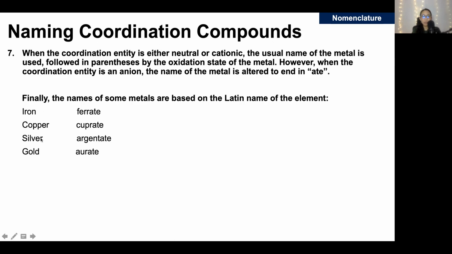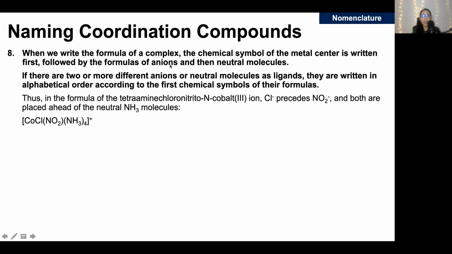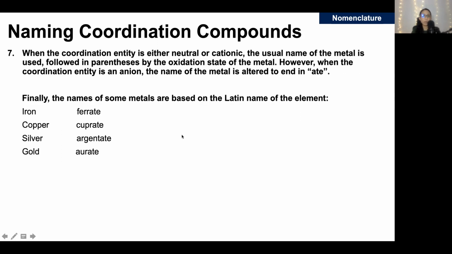For silver, we don't say silverate, but we say argentate. And for gold, we don't say goldate, but we say aurate. So the original Latin name of the metal is used as basis, and that's the one whose ending is transformed to ate. Okay? And so these rules from 1 to 7 are the rules that you apply in writing the names of your coordination compounds.